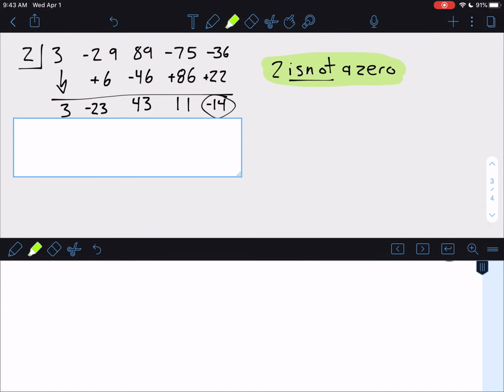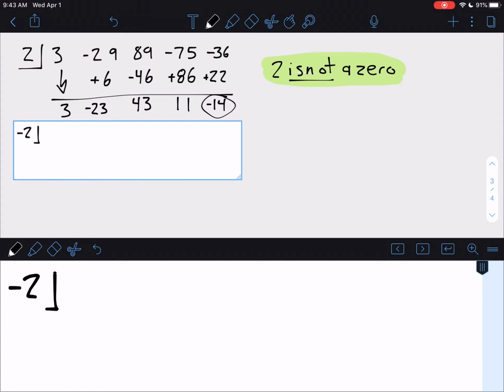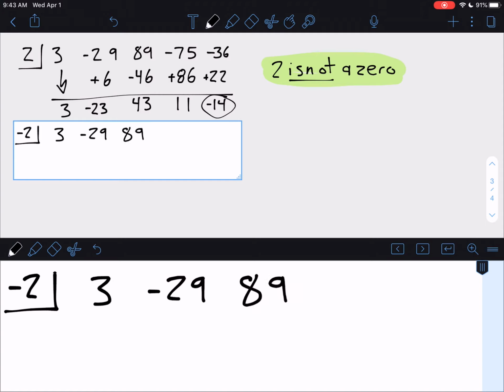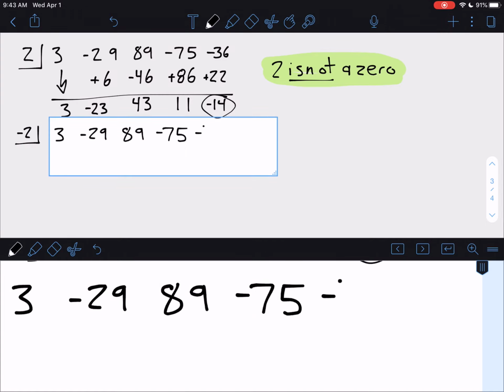All right, so we did 2. Keep going. We've got to do negative 2 now. All right, so list out the coefficients. 3, negative 29, 89, negative 75, and negative 36.